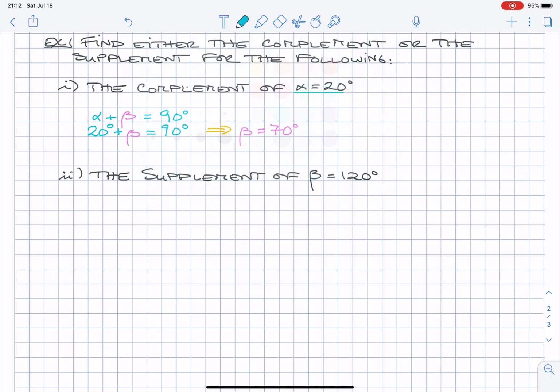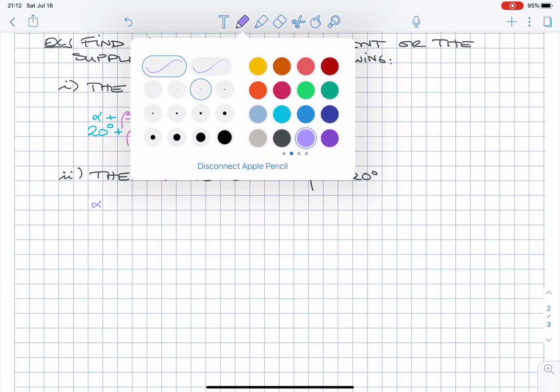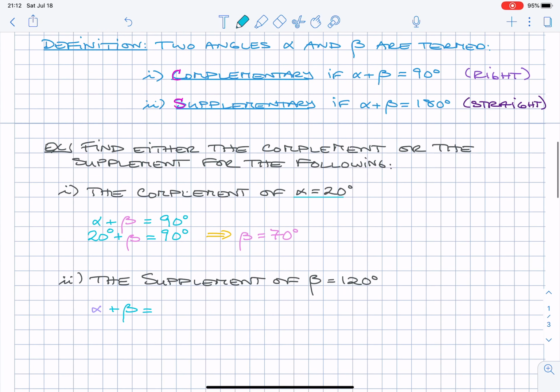Okay, so I know that alpha plus beta, well, supplement starts with an S, so that's after C, so I know that this supplement sums to 180.